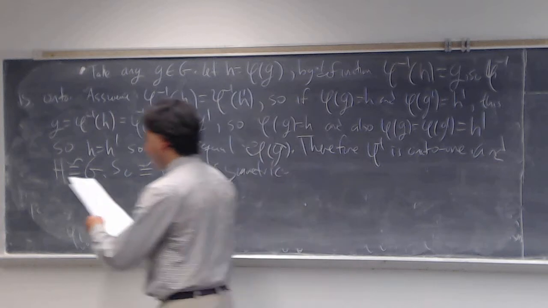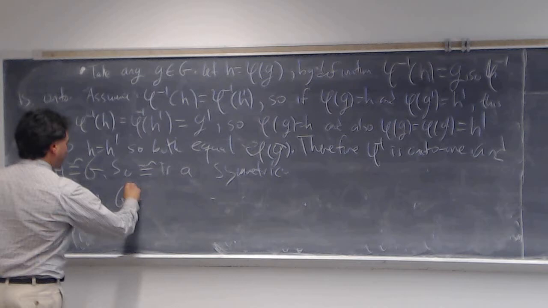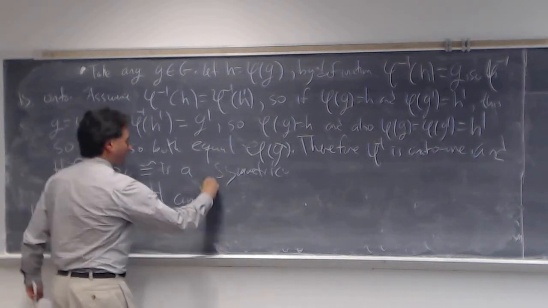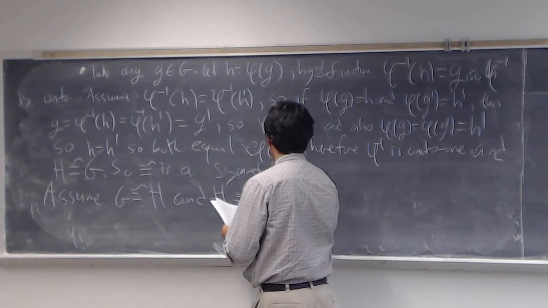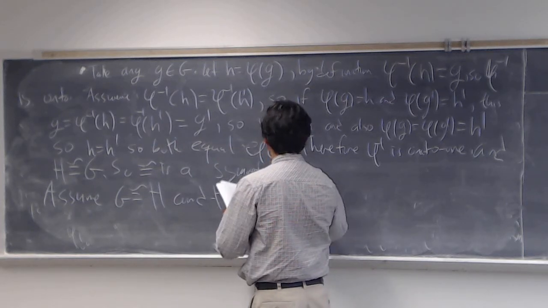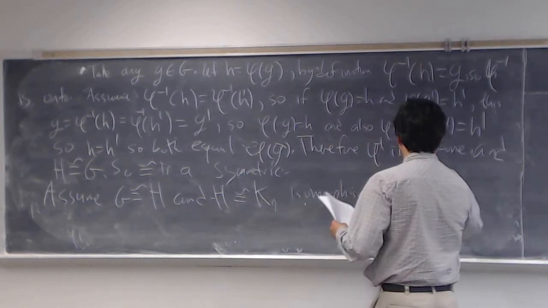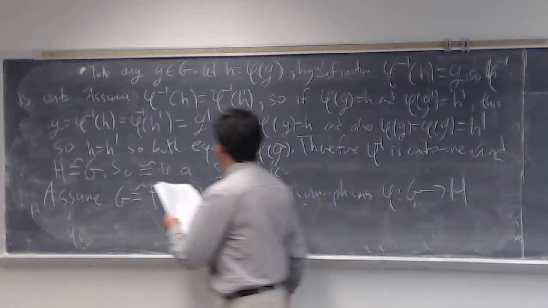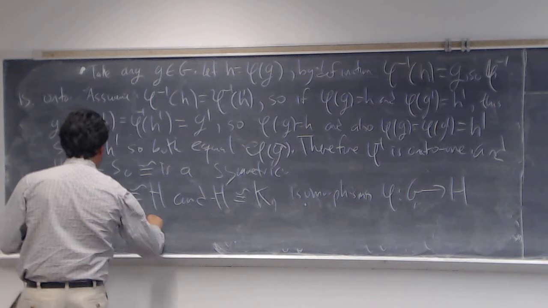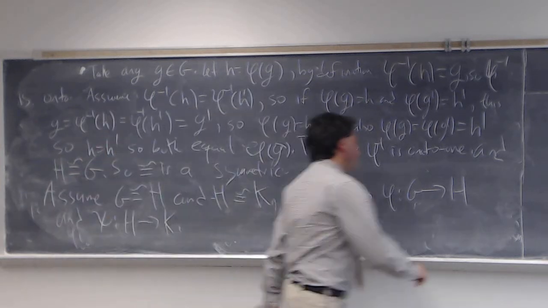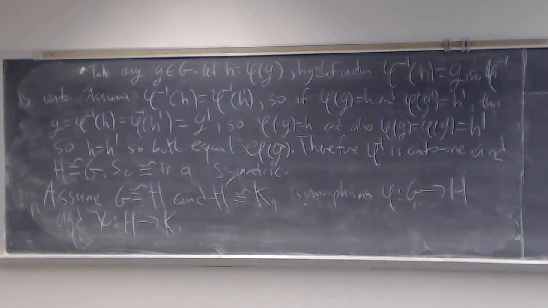Finally, for the transitivity, we assumed G is isomorphic to H, and H is isomorphic to K. So we have two isomorphisms, phi from G to H, and I'll use psi from H to K. So what's a natural way to show transitivity?